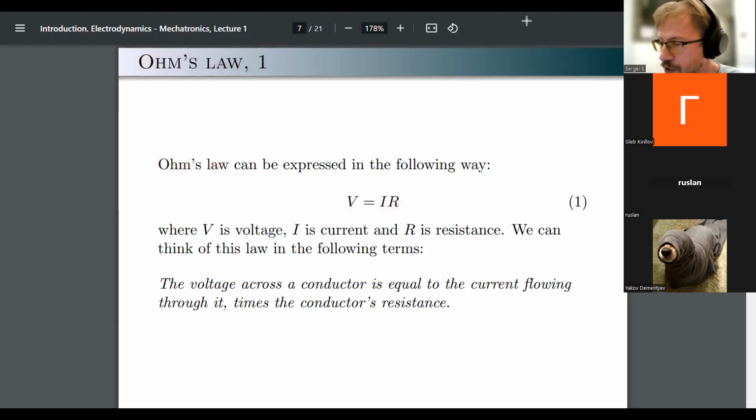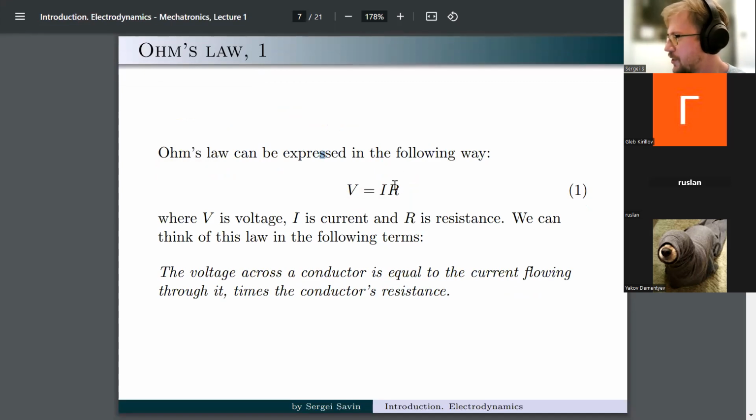That is what we call voltage. Current is quite clear. It's just the amount of charge that flows through this wire per unit of time. Resistance is then by definition the ratio of those two for this resistor. So the voltage across the conductor is equal to the current flowing through it times the conductor's resistance.